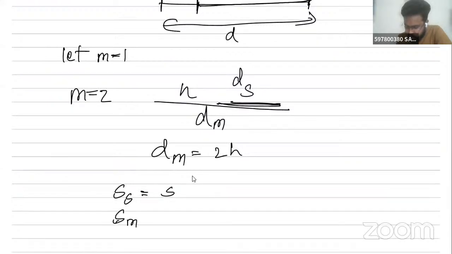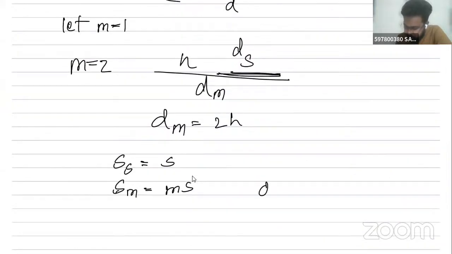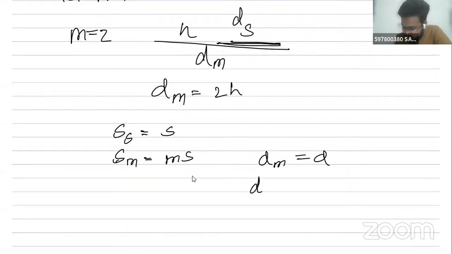Speed of Moonbeam is equal to ms. Let the distance covered by Moonbeam be d, and the distance covered by Sunny be some distance. If we assume the distance covered by Moonbeam is d, then the distance covered by Sunny will be proportional to its speed.